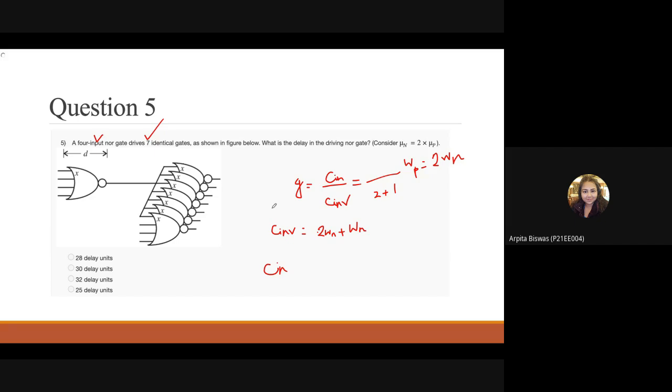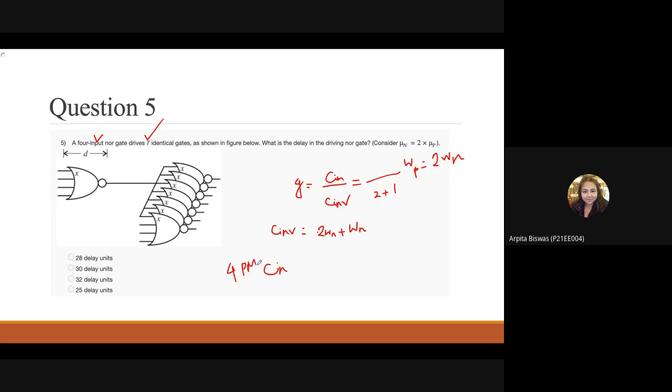So if the NMOS is participating, see, four input, yes, four input NOR gate. So four PMOS is participating.